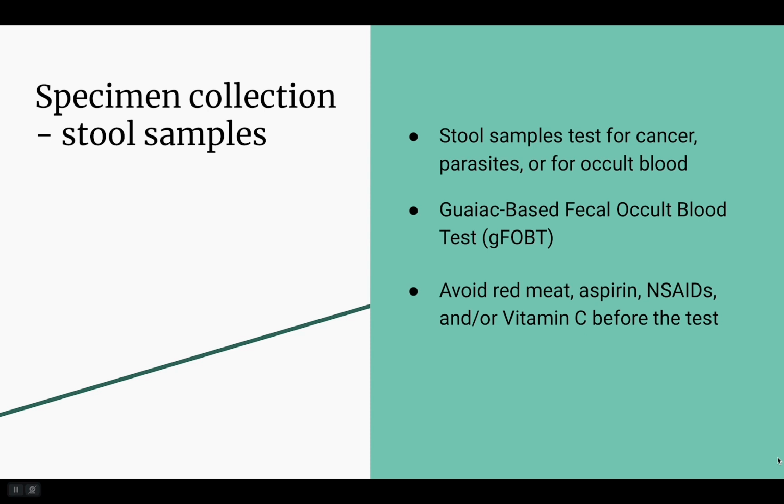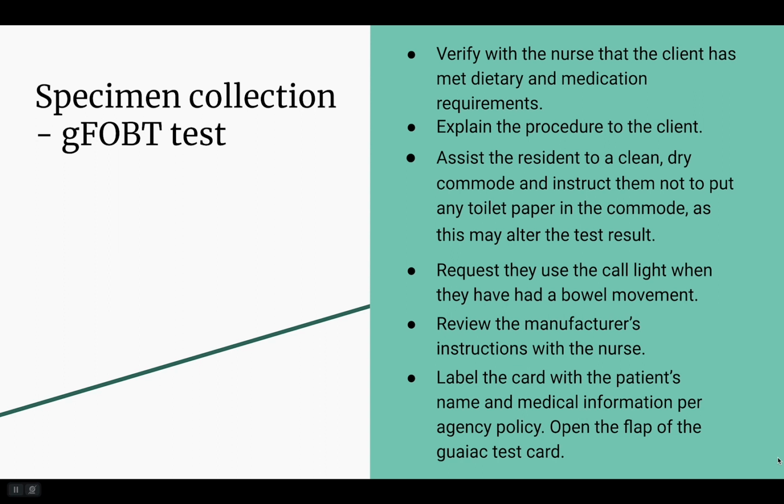Vitamin C, more than 250 milligrams a day, from supplements, citrus fruits, or citrus juices should be avoided for 3 to 7 days before testing because it can affect the chemicals in the test and make the result negative, even if blood is present. To perform a GFOBT in an inpatient setting, perform the following steps.